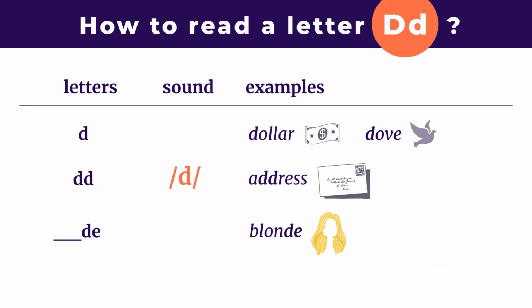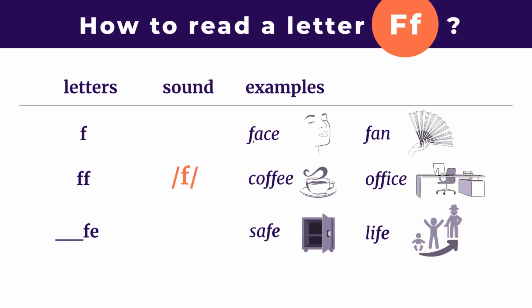How do we read the letter D? D makes the sound D. Dollar, dove. Double D is still D. Address. And D with E at the end, like in blonde, is also D. Not blondie, not blonde. Just blonde.